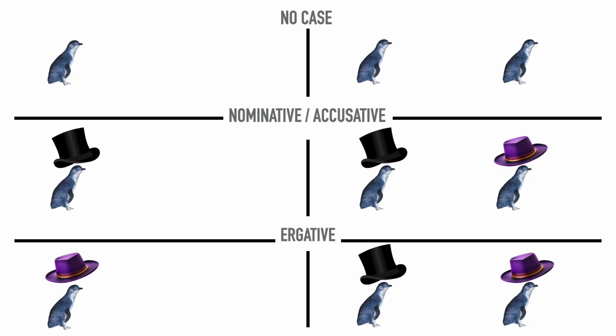So we'll have another little map here, another rule of thumb, which is a little bit more complicated, but it will start to get us thinking about how we can determine the case system of a language.